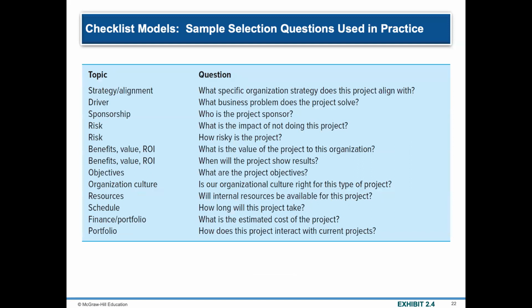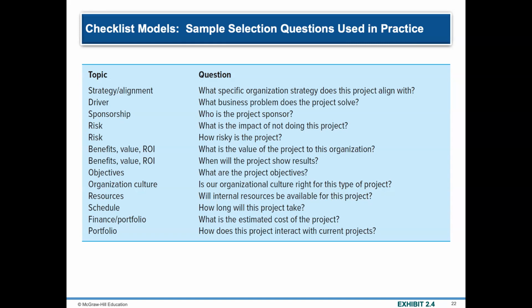So some of the questions that you can ask is, what specific organization strategy does this project align with? What is the business problem that is being solved by the project? Who is the sponsor? And what are the drawbacks of not doing this project, how risky is said project, and what is the value of this project to the organization.